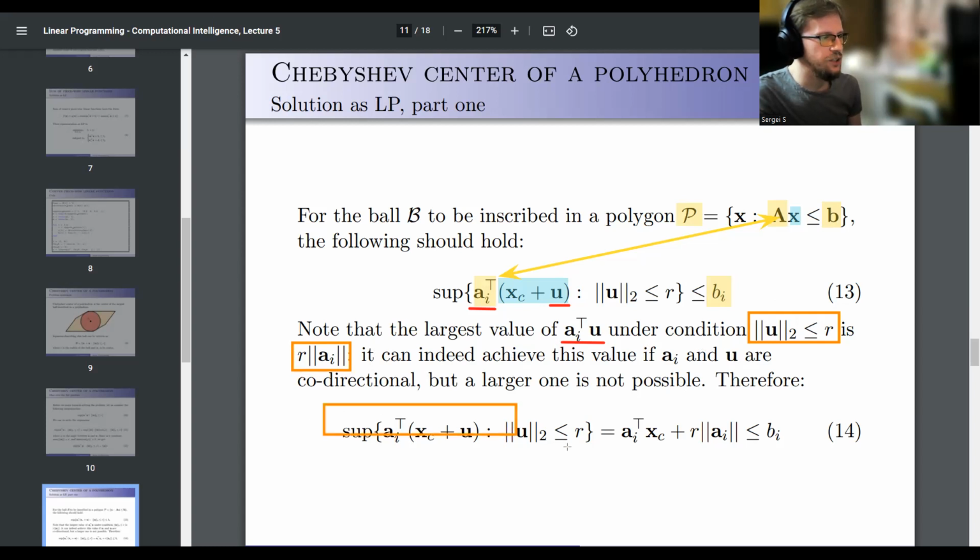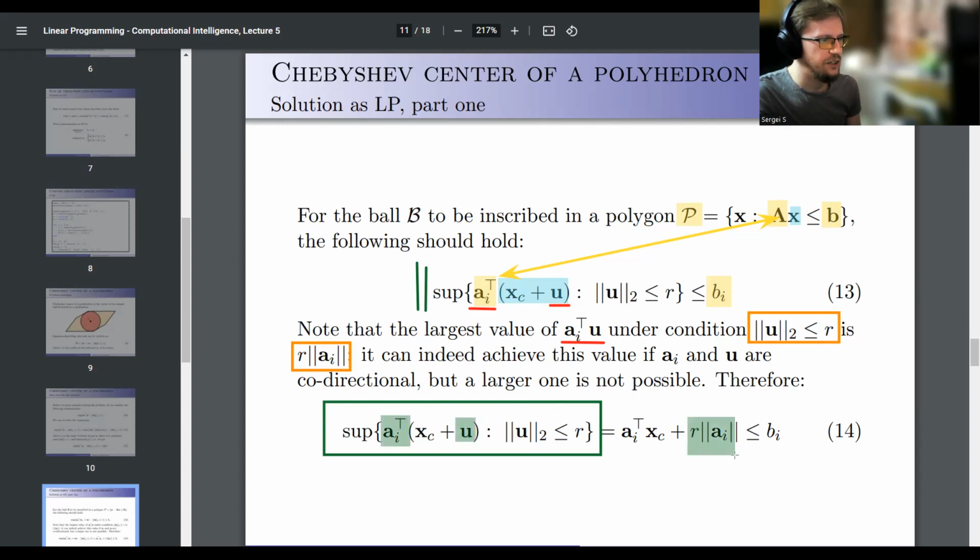So this whole expression here, which is the same as this expression here, becomes simplified. What happens with it? Well, first, this and this become this.